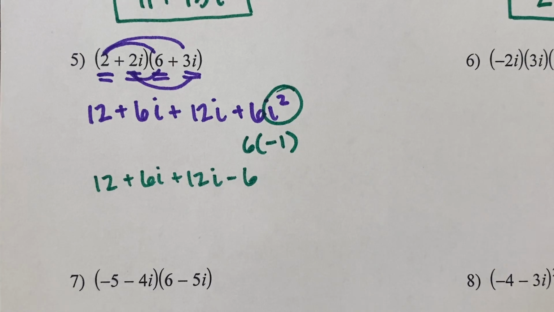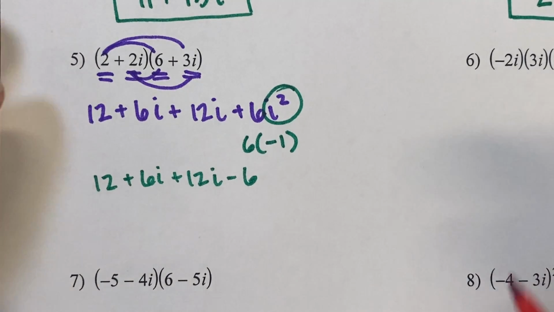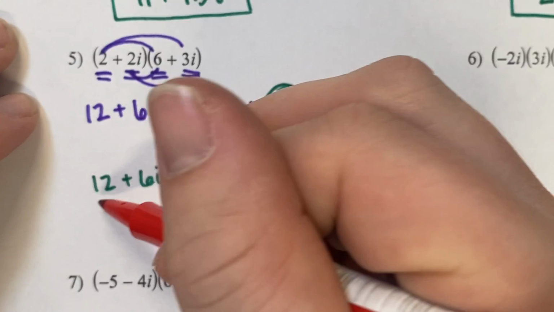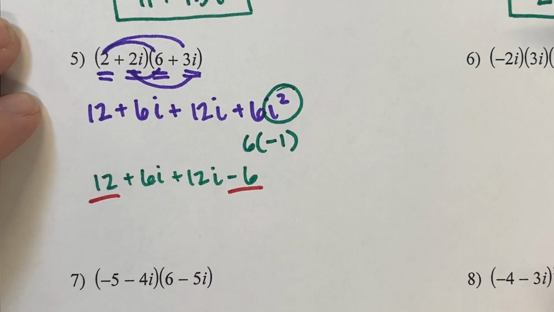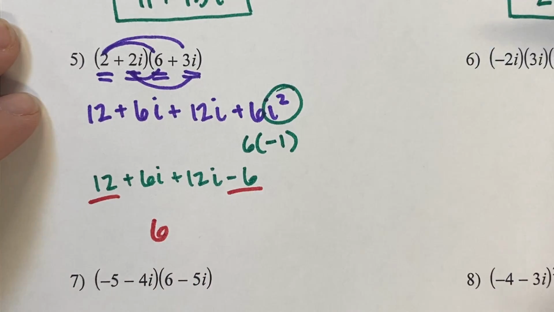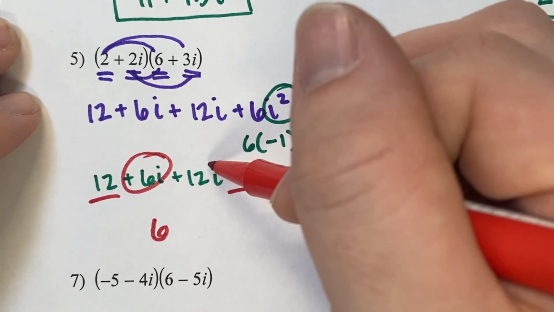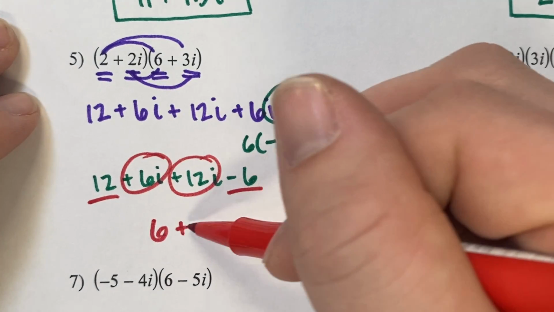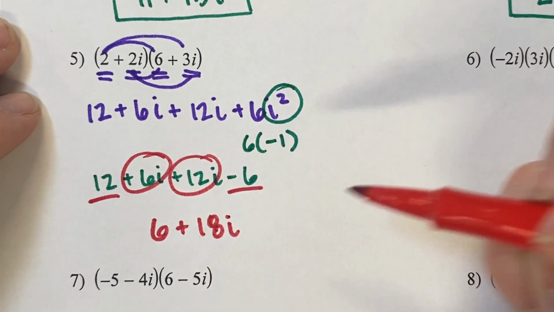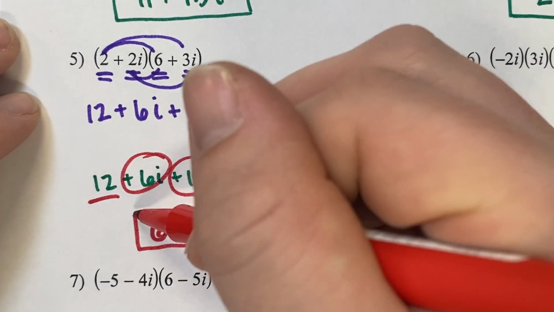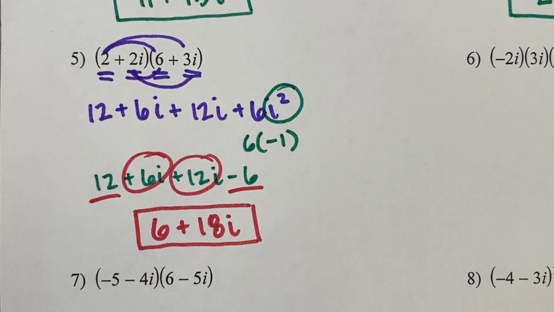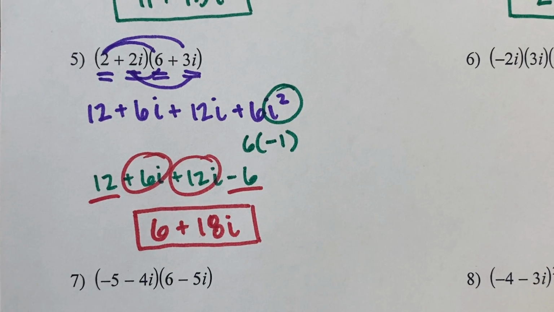Notice we don't have any i squareds left. So now we can just combine like terms. Again, let's do our constants first. 12 minus 6 is 6. 6i plus 12i gives me 18i. So you should never see an i squared in your answer because that made it turn into a negative 1.